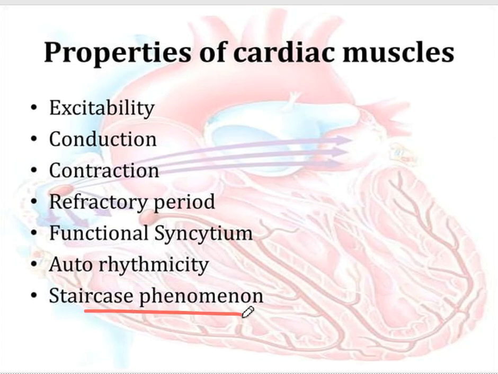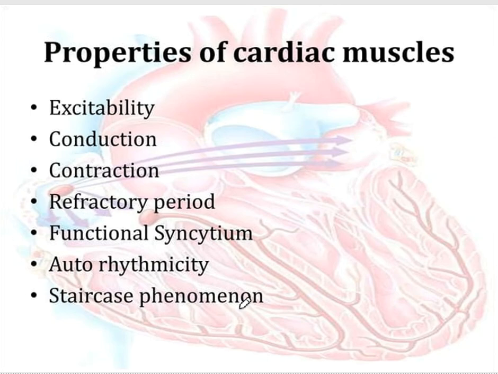And the staircase phenomenon. It says that whenever the impulse is generated at the SA node, the electrical discharge becomes more and more powerful as it goes up. For example, when we climb the first 4 to 5 stairs, we do not require much energy, but after climbing a floor of stairs we need to increase our energy.